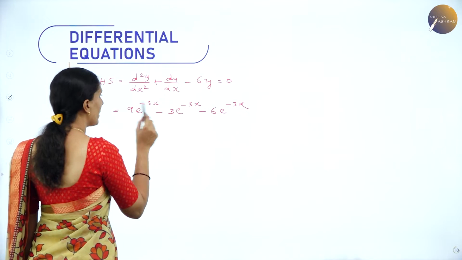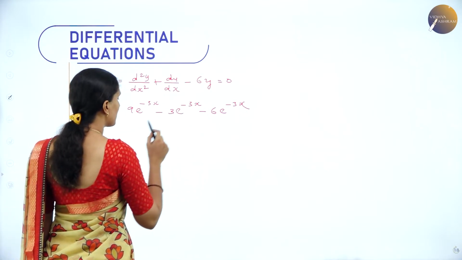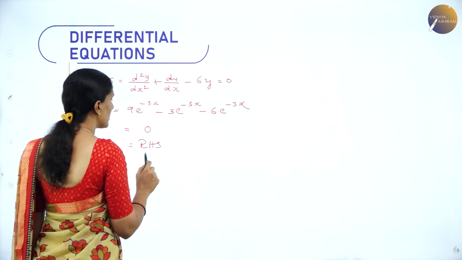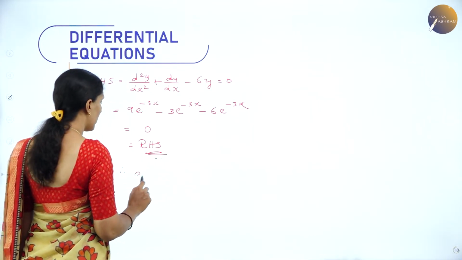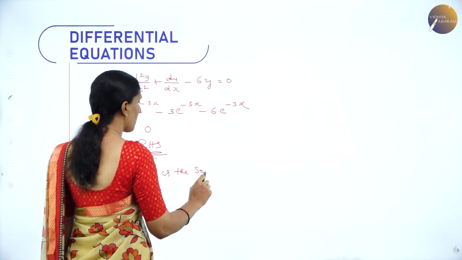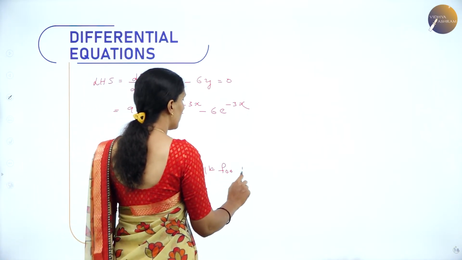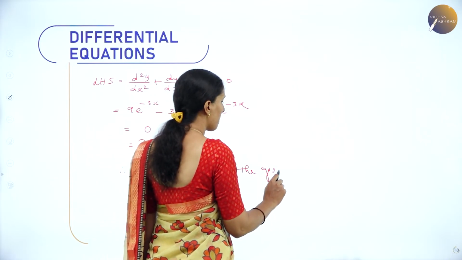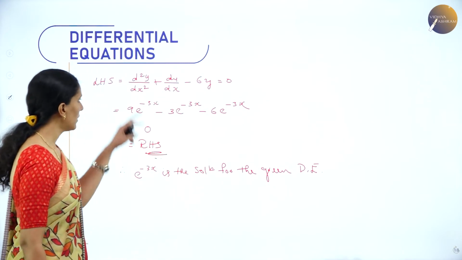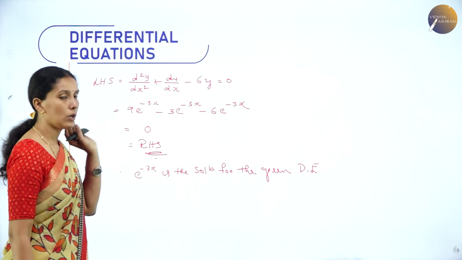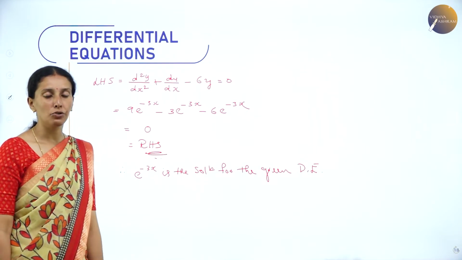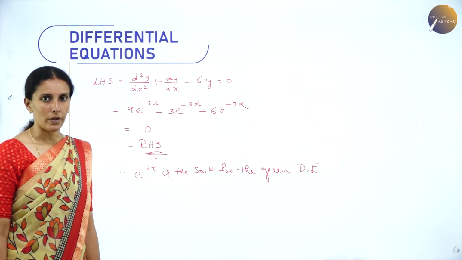So 9 e power minus 3x minus 3 minus 6 becomes minus 9, so therefore this is 0. Hence LHS is equal to RHS. So we got that LHS is equal to 0, which is the RHS given. Hence e power minus 3x is the solution for the given differential equation.